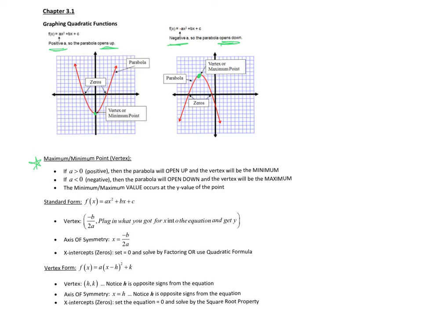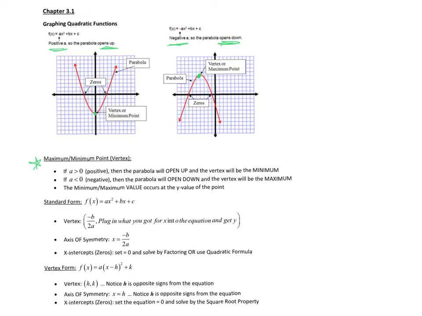And remember, that goes back to our transformations as well, because when we put a negative in front, a negative A, it reflects that function over the x-axis. So we can see all of those things coming together in this function, and we can determine if that vertex is a maximum versus a minimum.